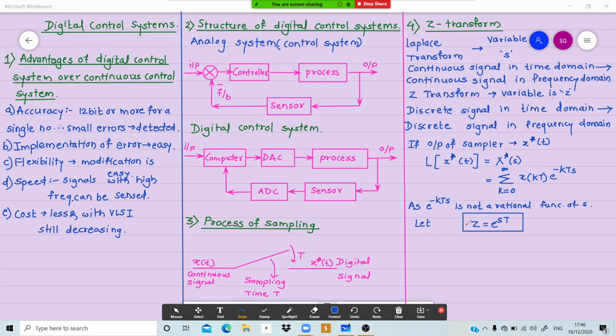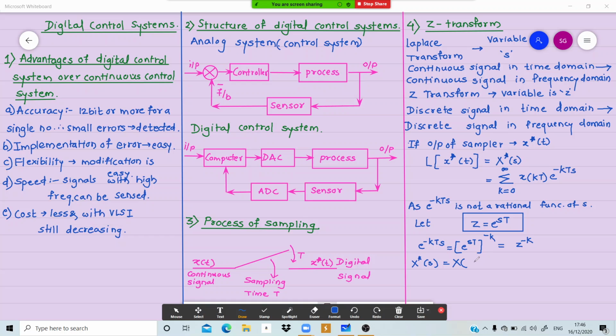So what you are going to have, e raised to minus kts, which is equal to e raised to st raised to minus k, which will be z raised to minus k. So we'll substitute over here. So what you are going to have, x star of s, we will now denote it by z, since we have introduced it.